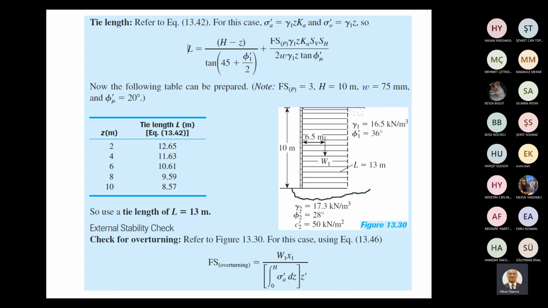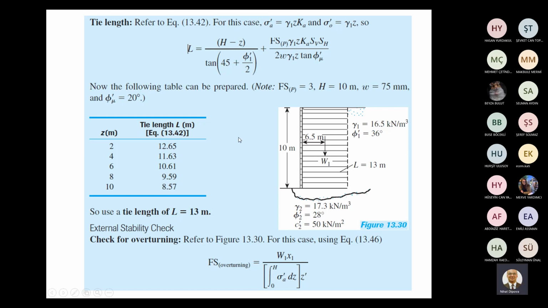Tie length. For tie length, we have to determine the effective length, LE, considering pull-out resistance, and LR. This comes from the geometry of the triangle.